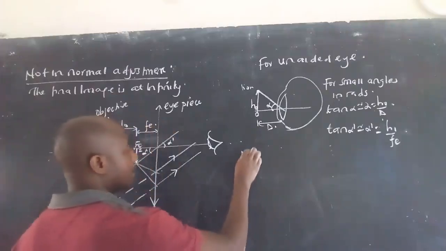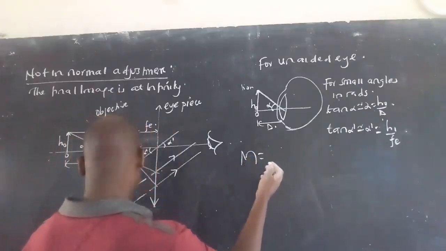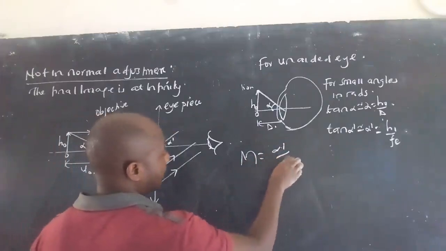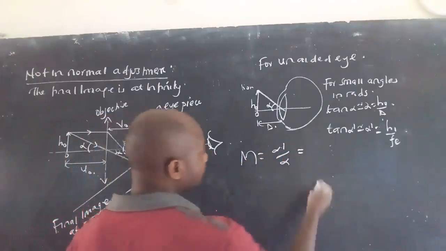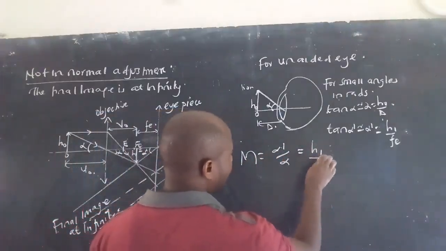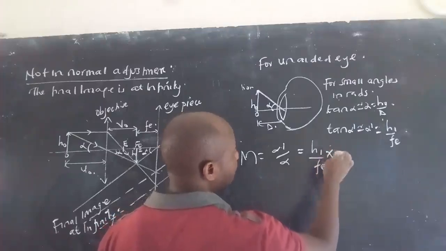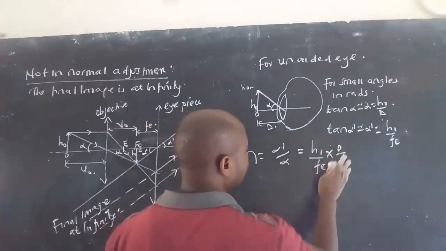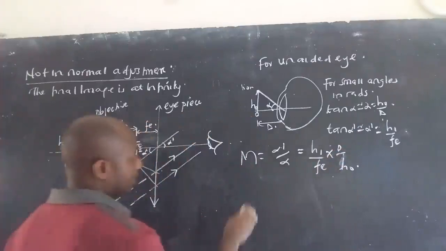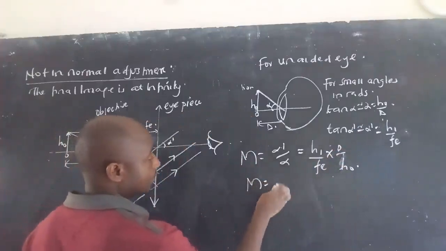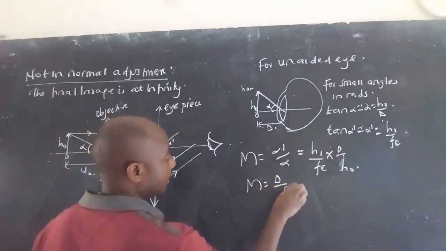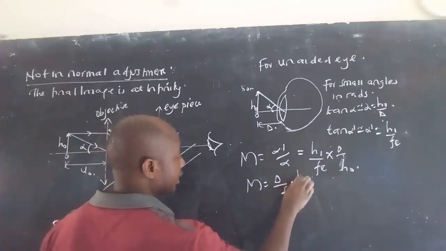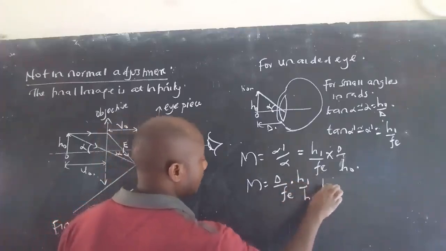So magnifying power, alpha prime over alpha, will become H1 over FE times D over H0.